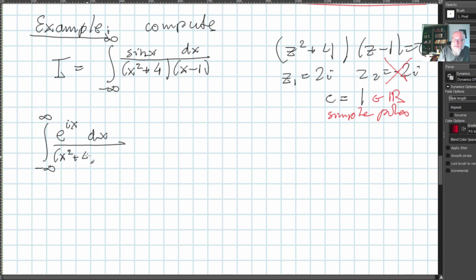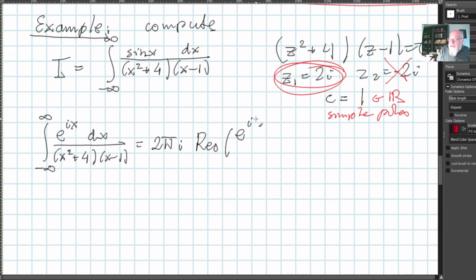So we can write the answer. This will be 2 pi i times the residue, for the singularity that I'm taking into account, of e^{iz}. If you write sine, many people say, oh, sine, exponential, sine. No, always remember, always associate this integral to the exponential function. You will not mix them up.